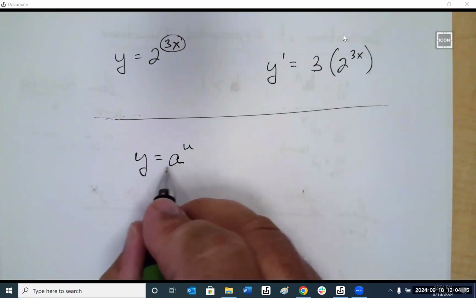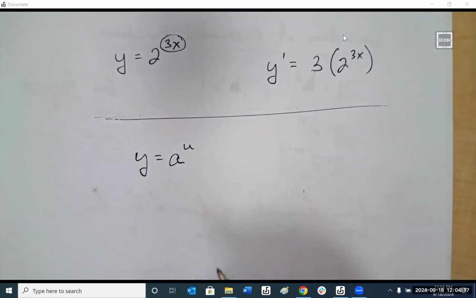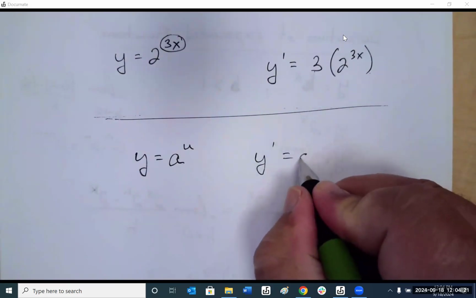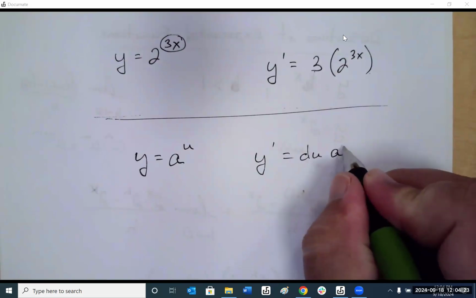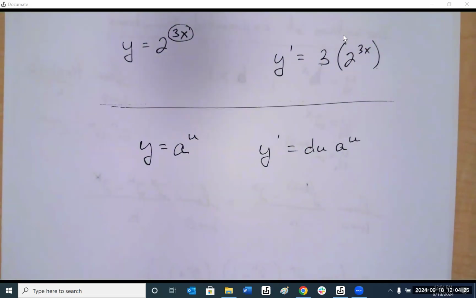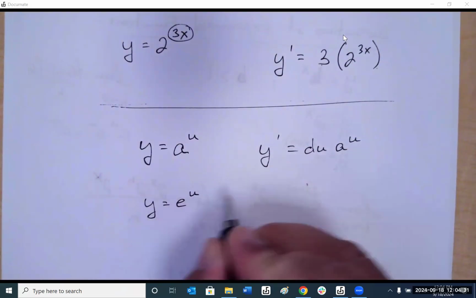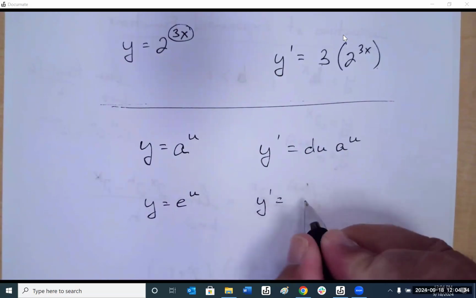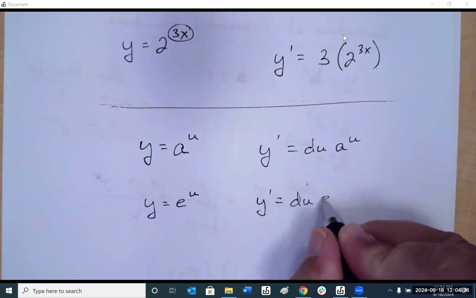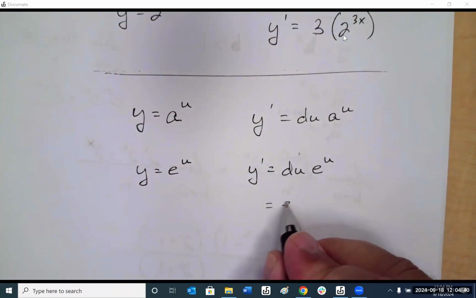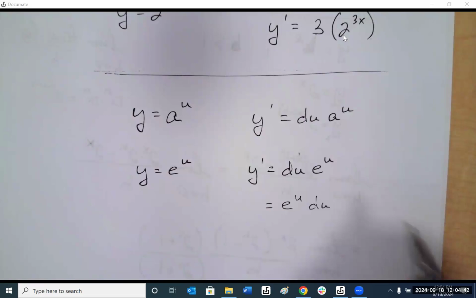But if a is any base greater than 1, the derivative would be the derivative of u times a to the u. Likewise, when we deal with this, or as we commonly say, e to the u du.